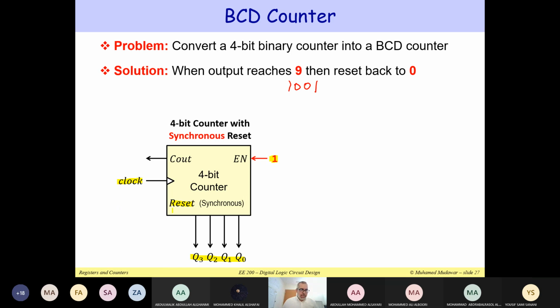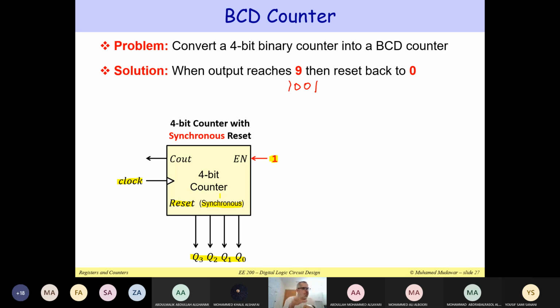Back here. So the most important thing is this reset. Now, is this reset synchronous or asynchronous? What's the difference between synchronous reset and asynchronous reset? There are 2 different types of resets that you can use in counters or in flip-flops. Asynchronous reset will reset at any given time, regardless.